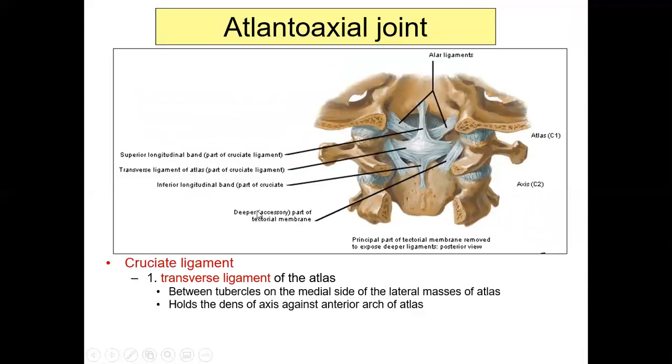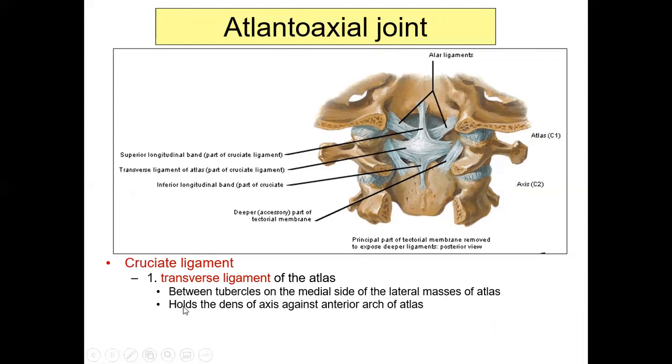For the cruciate ligament, it is like a T in shape, like a cross. The cruciate ligament includes the transverse ligament of the atlas, between the tubercles on the medial side of the lateral masses of the atlas.